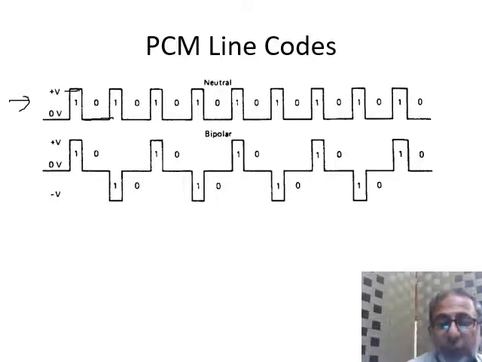Every new coming one is inverted. For example, after one this one comes in, and it gives a positive voltage value. After that, we've got this one, which gives a negative value. This one gives a positive. So every new one has a different polarity.